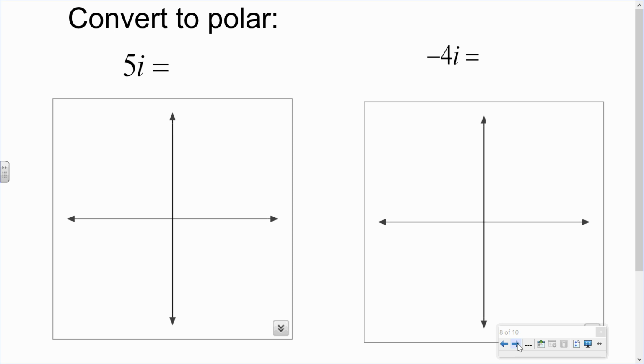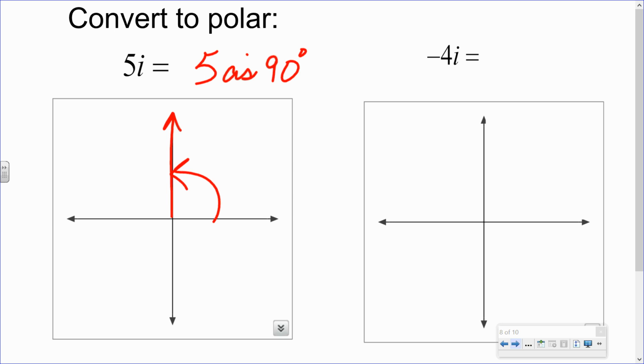So great, 5i goes straight up because horizontal is the real axis, vertical is the imaginary. What is our angle for that? Do I want positive or negative 5 cis 90? Positive, because I'm actually going that direction.